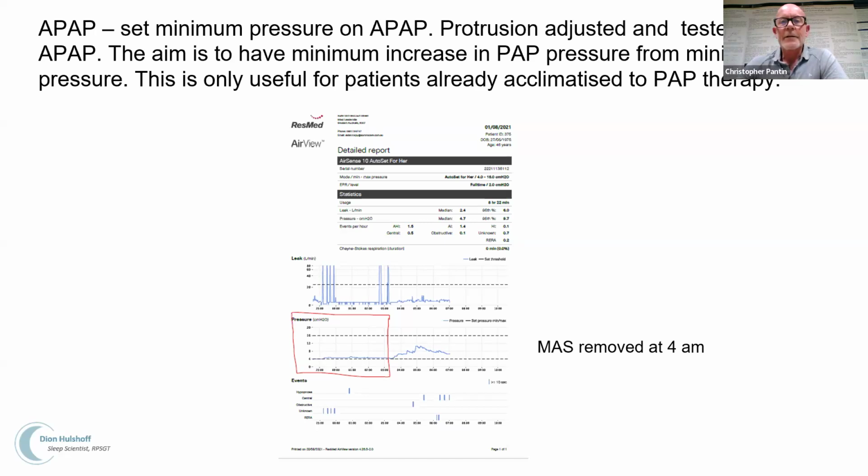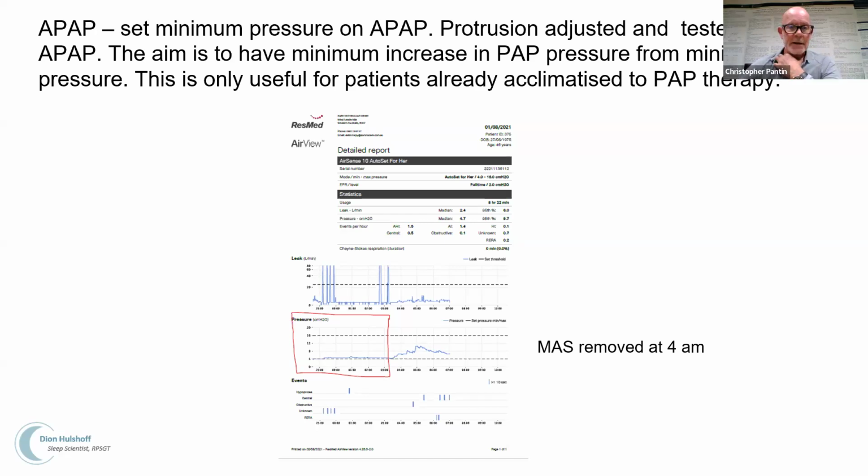You'll see down there, Dion is a sleep tech who works at Somnicare in Perth. The patients' data gets sent through the cloud to the lab, and Dion reports back to the patient if the pressure of the CPAP had moved off its baseline.